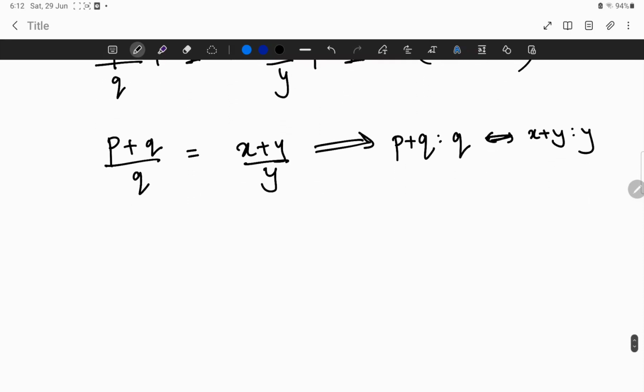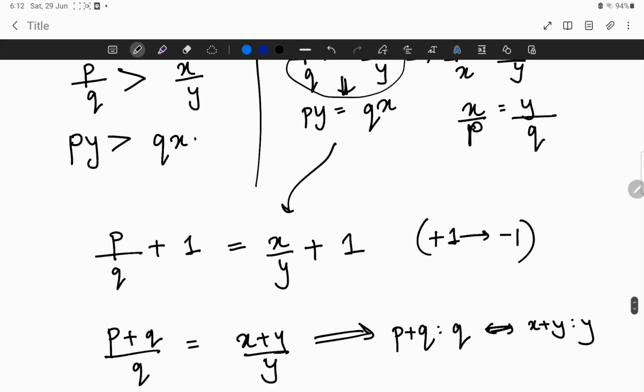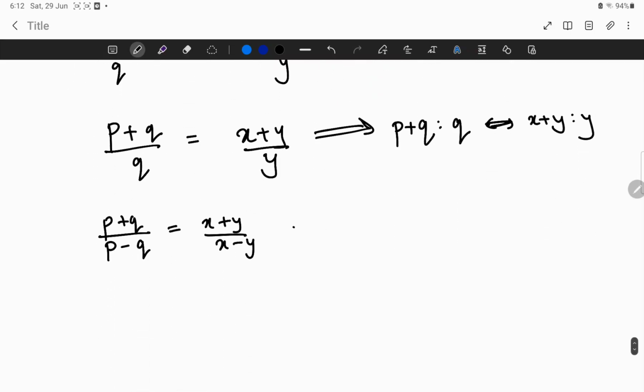Upon doing certain manipulations, you will realize that p plus q upon p minus q is equal to x plus y upon x minus y, and only in this condition are all of these valid. So this can be written as p plus q is to p minus q equivalent to x plus y is to x minus y.